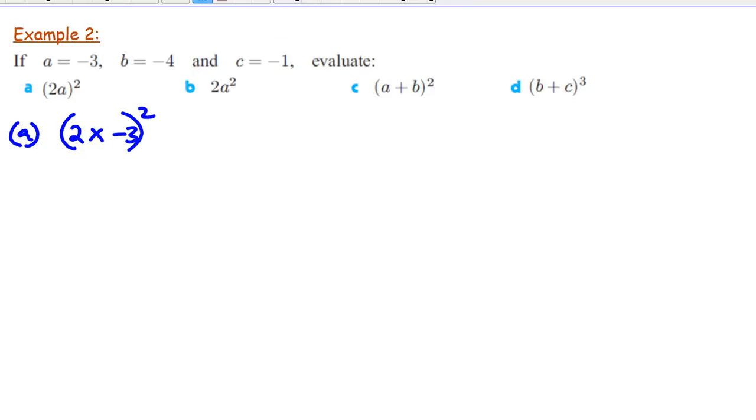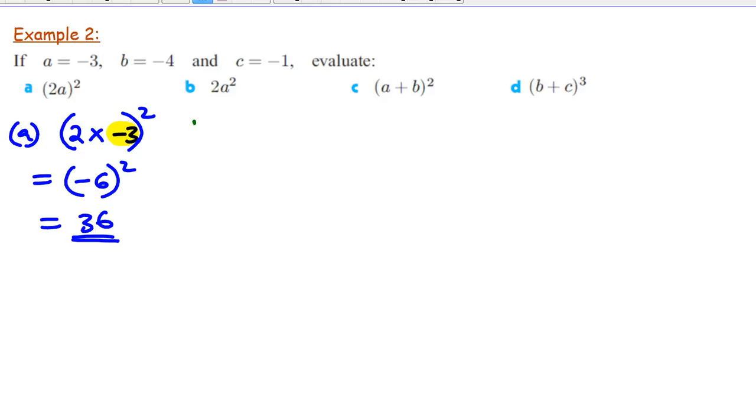The number that I've replaced is that. Okay. Now, if I carry on, I'll end up with -6 squared, which will be -6 times -6. That will be 36. You can as well just plug it into your calculator to get that answer.